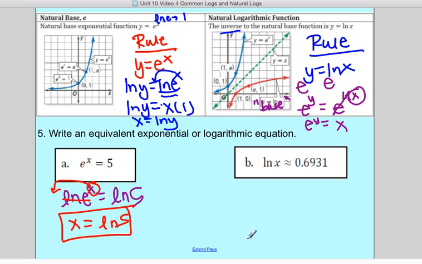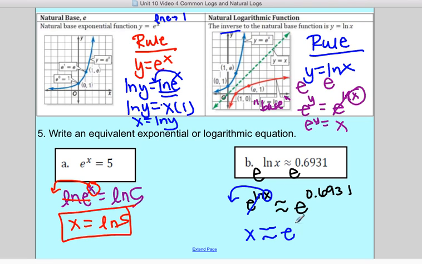Okay. Here, if I want to get rid of natural log, what did I do to get rid of natural log? Take base e. So it's really e to the natural log of x is approximately e to the 0.6931. Once again, that allows me to bring my x down in front. So I have x, and then e to the natural log is just 1. It's approximately e to the 0.6931.